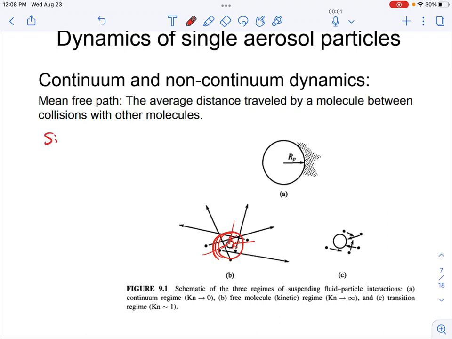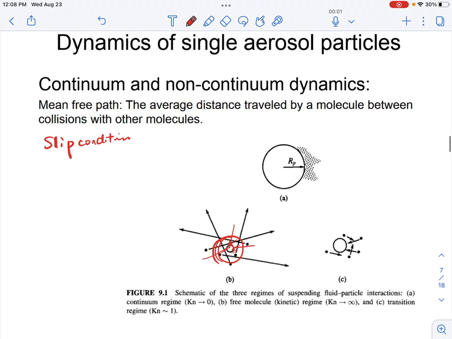This is what people call the slip condition. Under the scenario where the particle size is too small, the drag force is going to become smaller compared to the continuum regime, because not all the gas molecules add a force onto the particle.